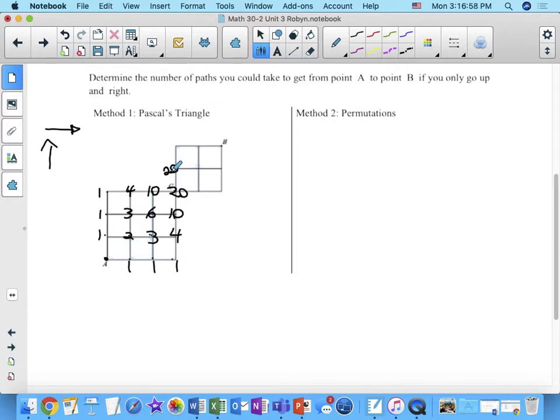Well, how many ways then are there going to be to get to here? What do you think? Again, how many ways are there to get from here to here? 1. So this is also 20, exactly. So whatever this number is, the numbers along this perimeter and this perimeter are also this value.